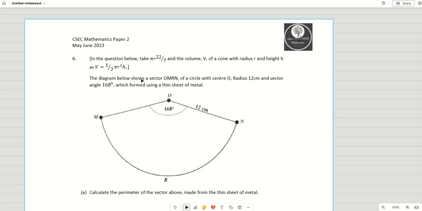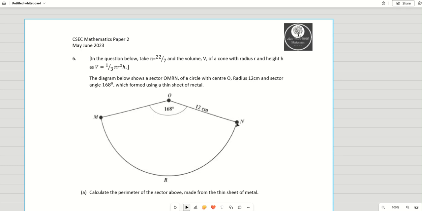The diagram below shows the sector OMRN, so that's this entire thing, of a circle. This is the center of the circle. The radius is 12 centimeters.